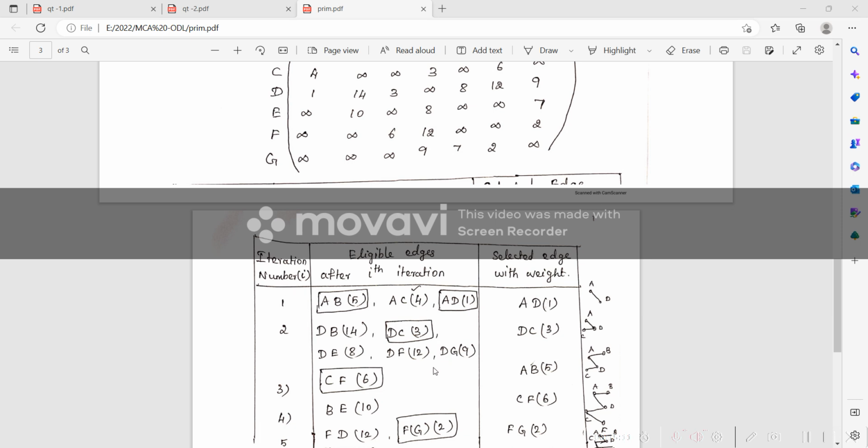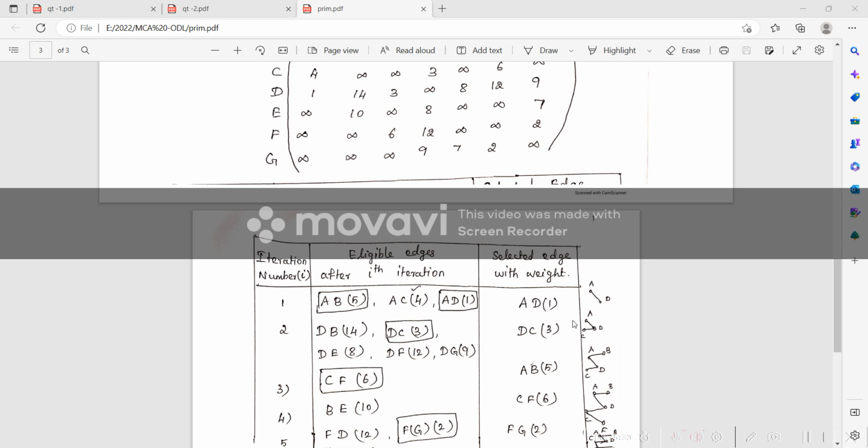So among these weights, this 3 is the least one. So next edge we are going to select here is edge DC. So DC is selected because that one is having small weight. So DC is selected, whose weight is 3.